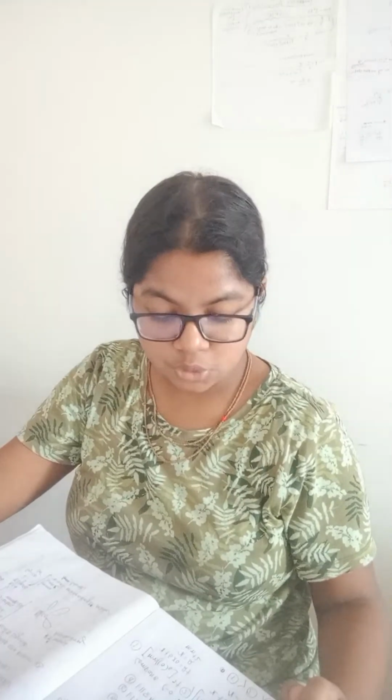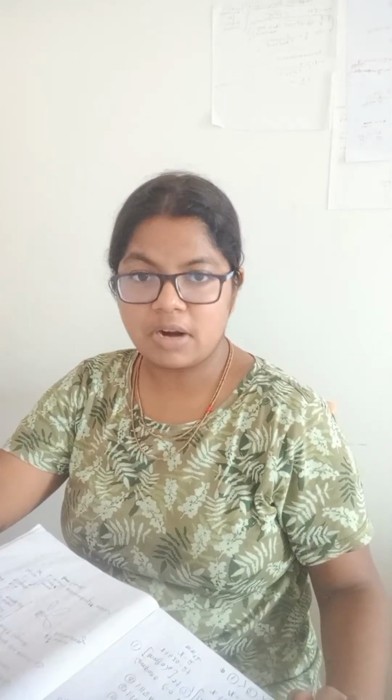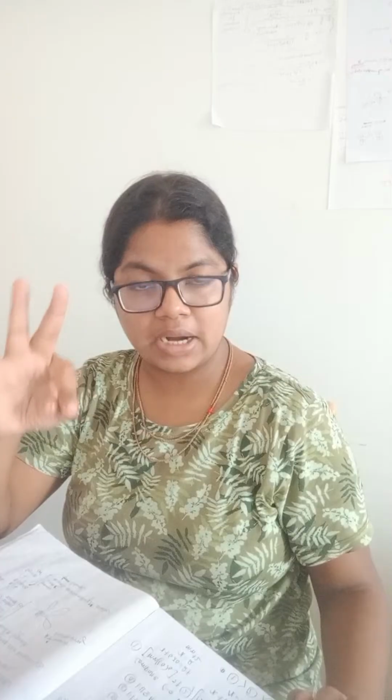Compare the CO bond strength. For finding the bond strength, three compounds are given: Mn(CO)6 2 plus. What is the structure of Mn(CO)6? There are 6 ligands, so the structure will be octahedral. Then Cr(CO)6, and another is V(CO)6 negative. So you have to find the oxidation number, and I have already said about the charge densities of carbonyl compounds: the order will be positive greater than 0, greater than negative.